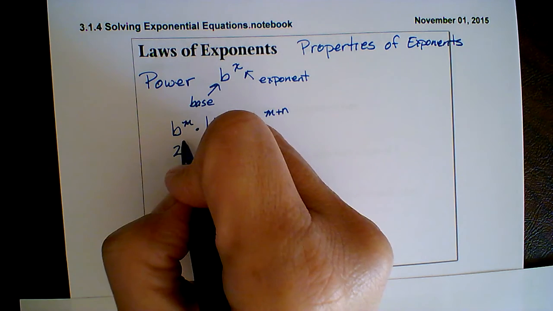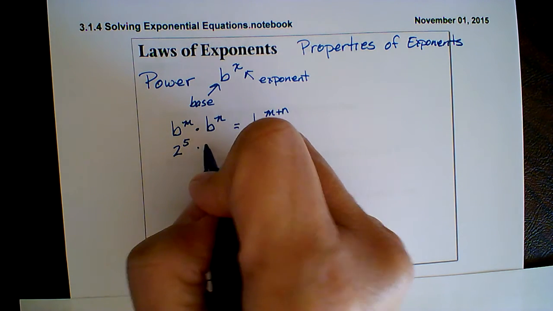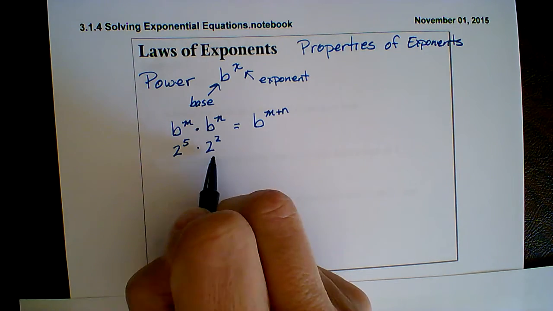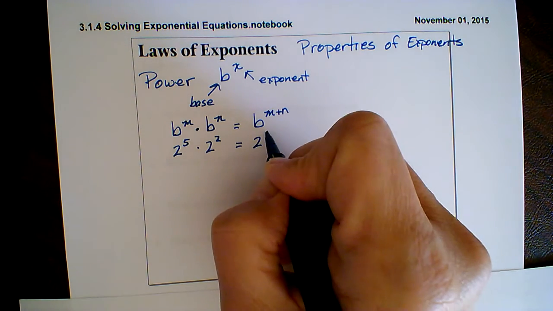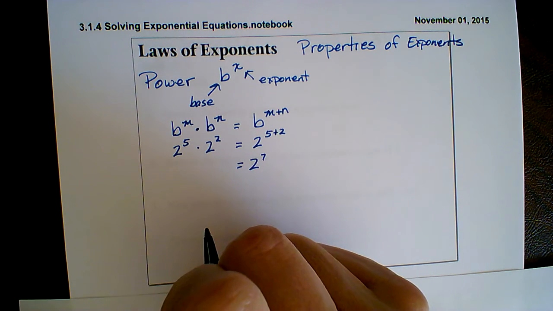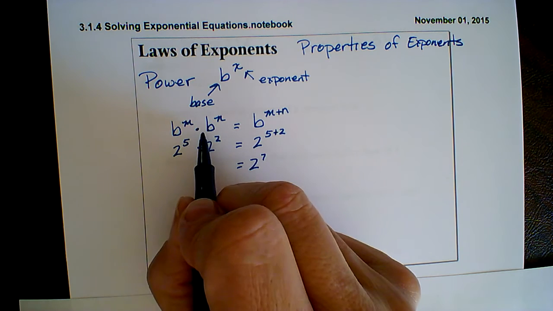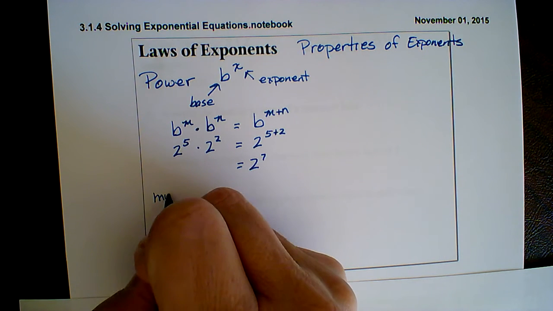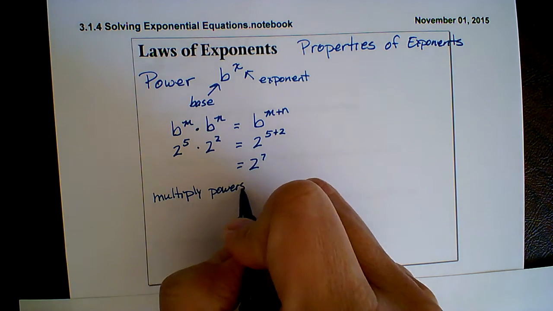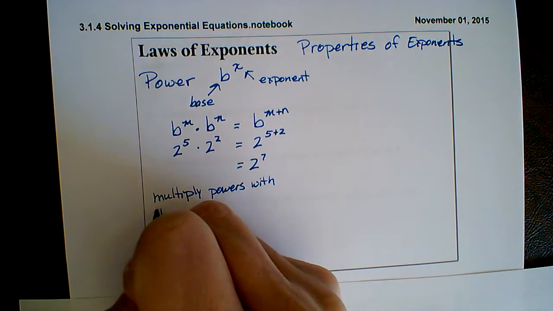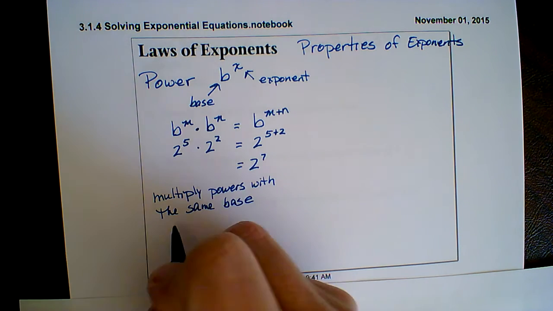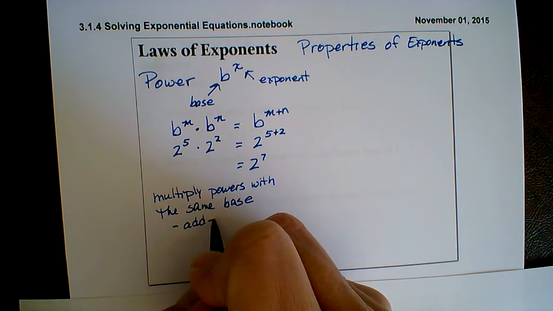In a real case, 2 to the fifth times 2 to the second, two powers being multiplied, they have the same base, so we add their exponents. 2 to the fifth, 5 plus 2, gives us 2 to the seventh. So when you multiply powers with the same base, then you add the exponents.